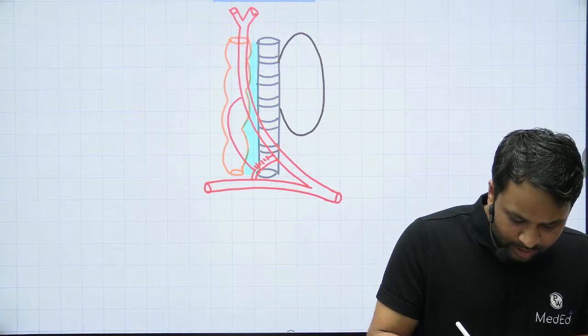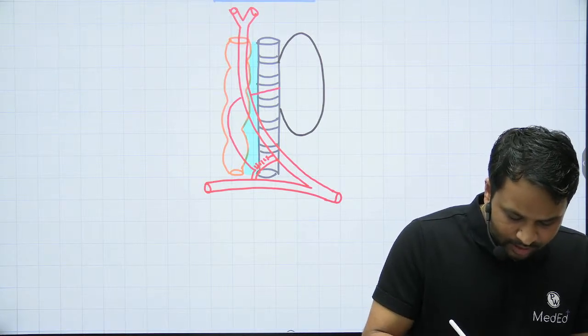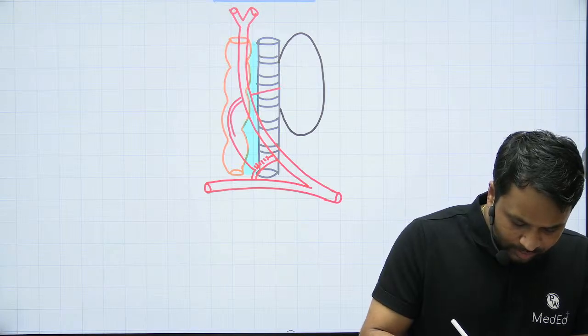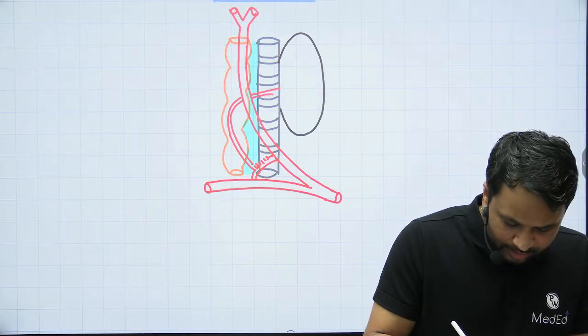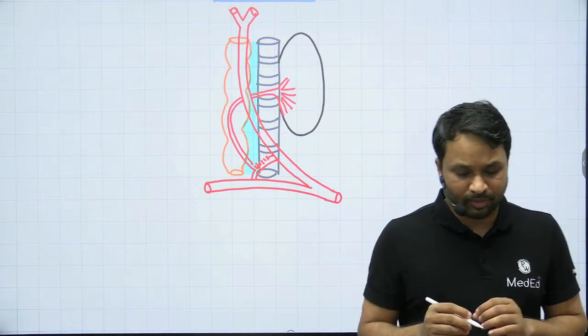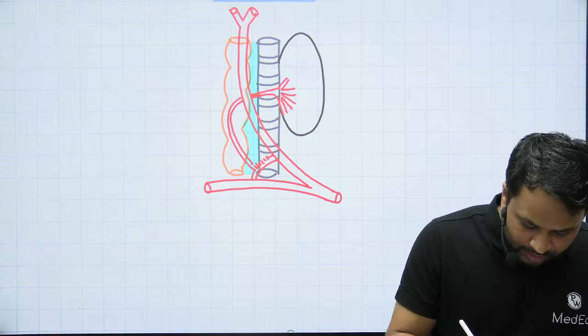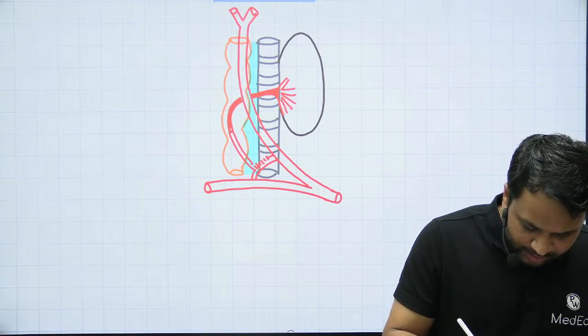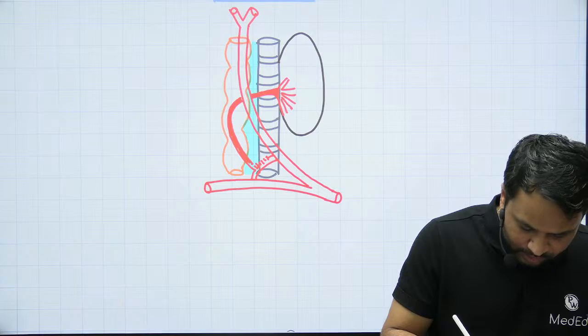It is going to go behind the common carotid, and once it goes behind the common carotid, it is now going to supply the thyroid gland, and multiple branches are going to be given across here. This is your inferior thyroid artery from a lateral view. If you highlight this vessel, this is the inferior thyroid artery which is arising from the thyrocervical trunk and supplying the thyroid gland.